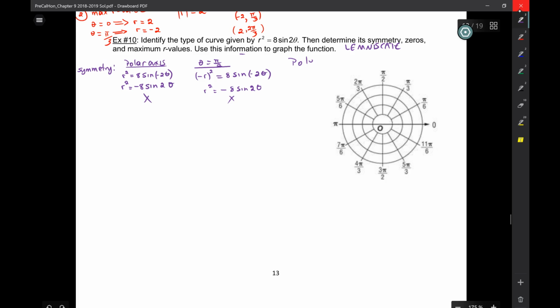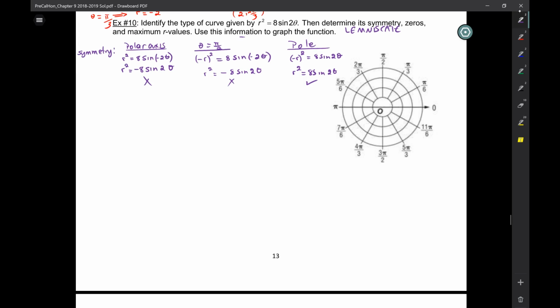Now against the pole, here we only change r to negative r. Is negative r squared equal to 8 sine 2 theta? Do we get the same function back? We do. So it's symmetric around the pole.